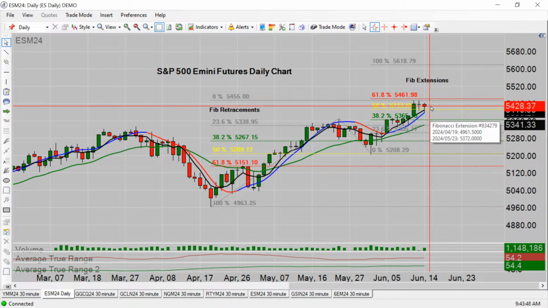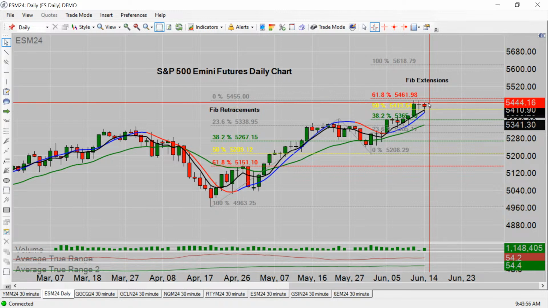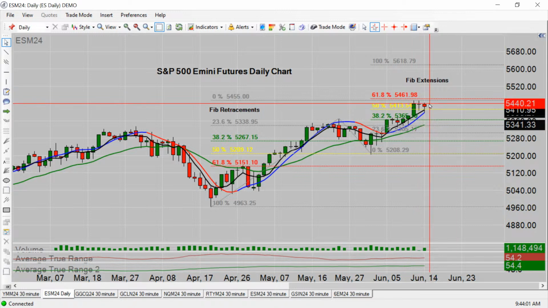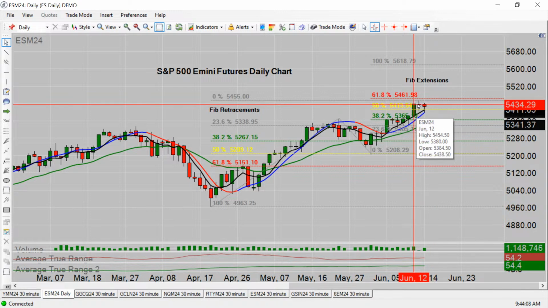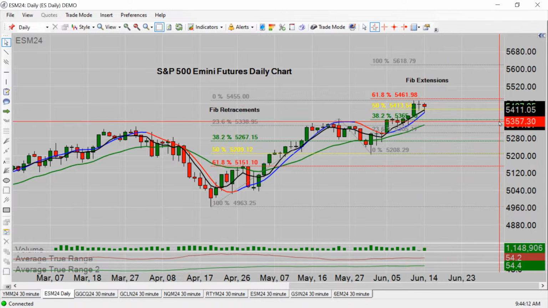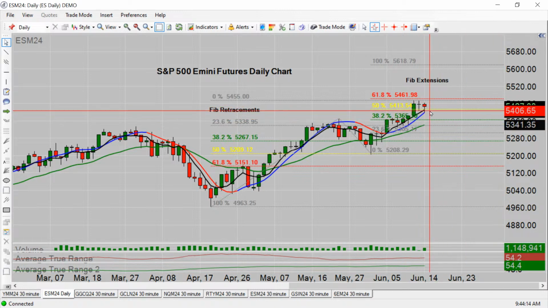So a whole lot of buying going on, but we still have a red body on that candle. And the high is slightly above the open and close of yesterday. But today's open is right at the open and close of yesterday. See that? Okay. So you know where support is.